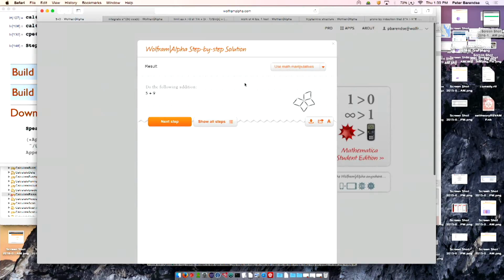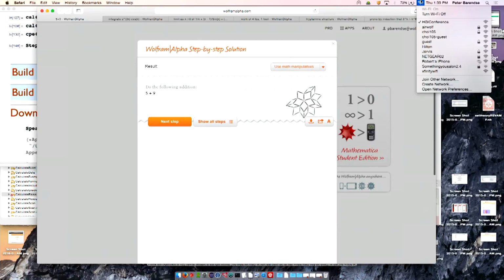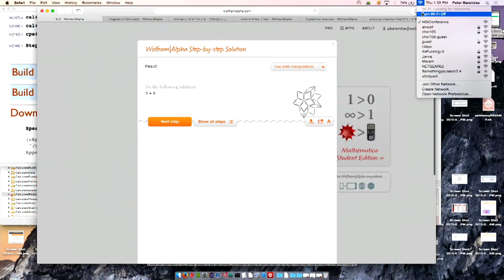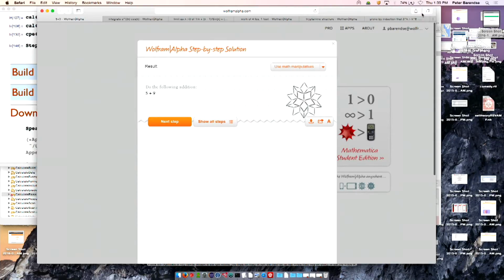Is my internet working? Well, luckily I preloaded most of these. You may want to disable your wireless. I was just told that the wireless is probably unplugged in this room. Oh, okay.